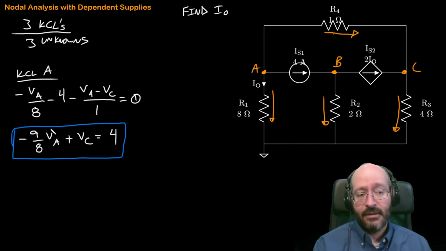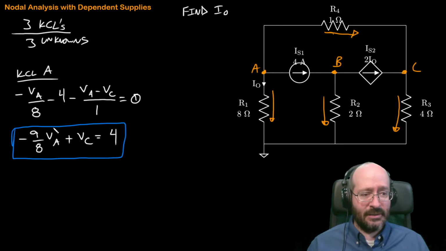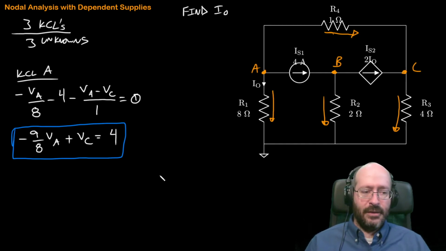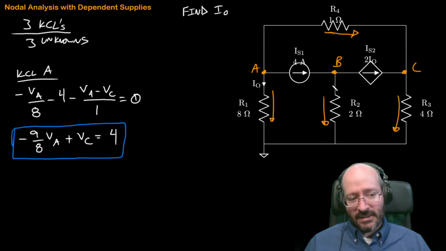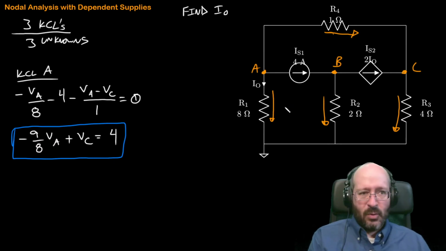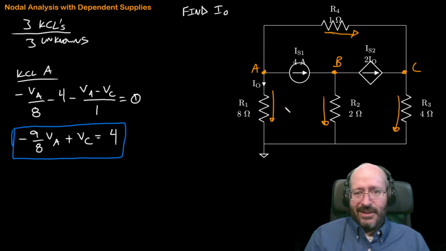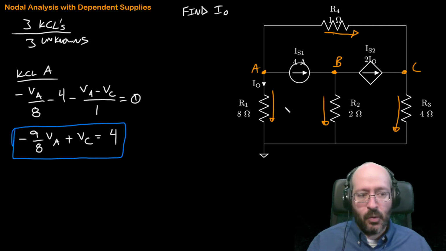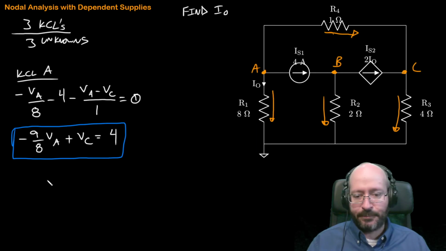Now we're going to have the dependent supply come into play for both B and C, because look over here, the dependent supply flows out of B and into C. So it's going to involve itself in both of those nodes. Because of that, it doesn't matter when you do this as long as you do it before you need to do the substitution, of course. Let's write an expression for the control variable.